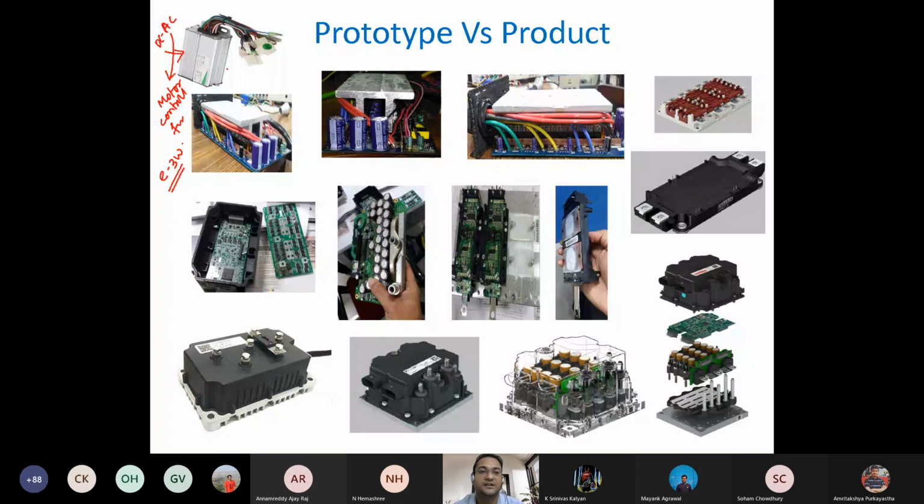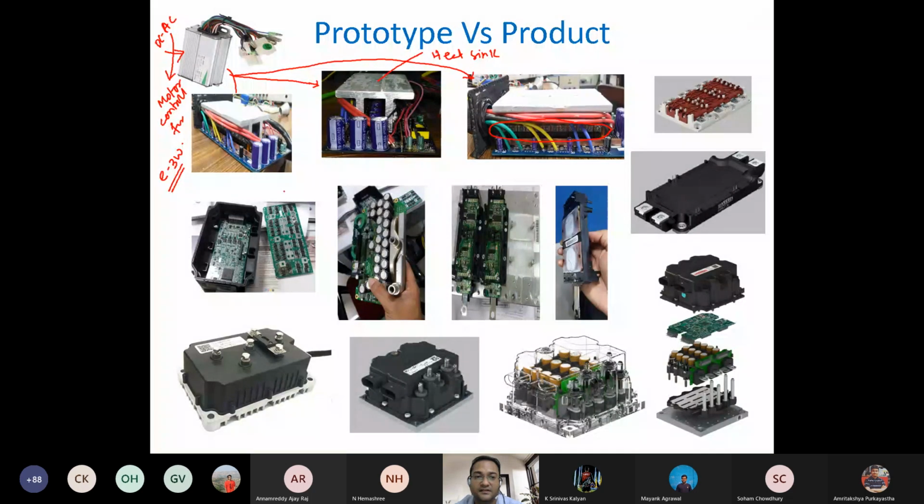So that is the motor controller, and these are the inside views of that controller. You can see this capacitor. You see those switching devices here. This one is the heat sink. So you can analyze which part is what, capacitor, etc.